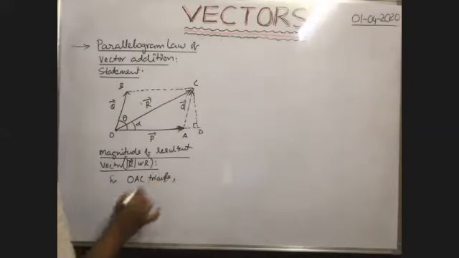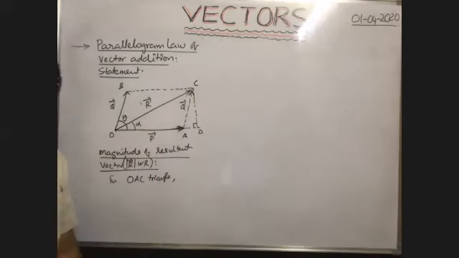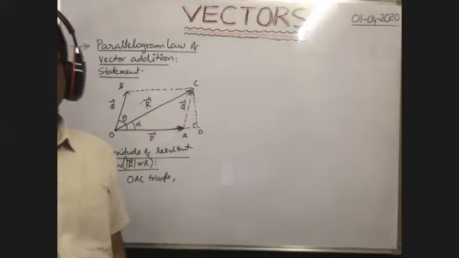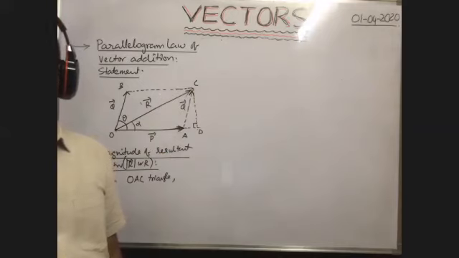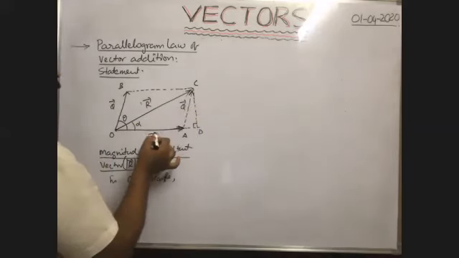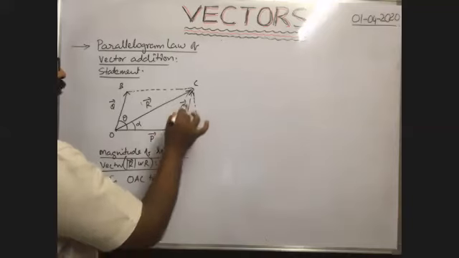From the OAC triangle, can we add q bar to p bar? You tell me. Come on, immediately respond in the chat box. Right, q bar can be added to p bar because the initial point of q bar and the final point of p bar are coincident. That's why we can add them.